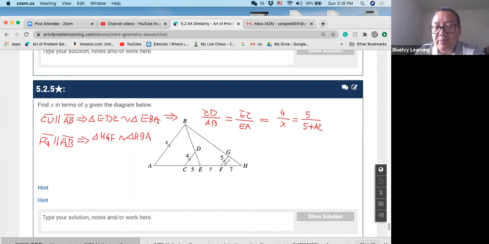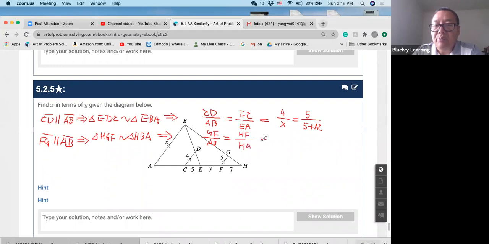So this small triangle is similar with this bigger one, right? From this, we can also get their sides have the same ratio. So that means GF over AB equals HF over HA.